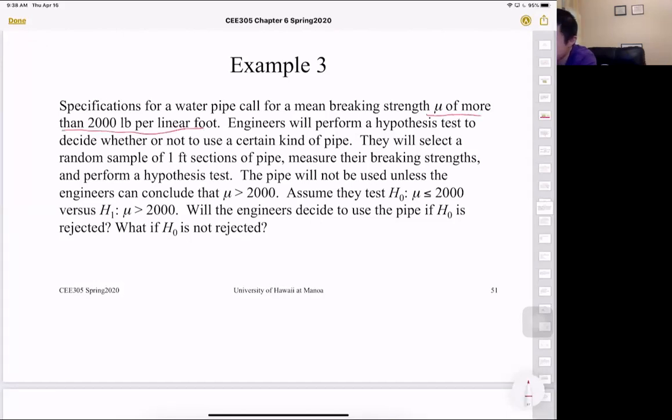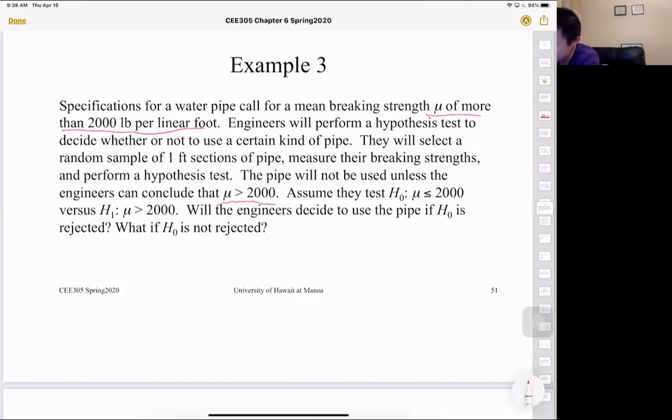An engineer will perform a hypothesis test to decide whether or not to use a certain type of pipe. They select a random sample, measure the breaking strength, and perform a test. The pipe will not be used unless the engineer can conclude that the mean value is larger than 2,000. So let's set it up like this.